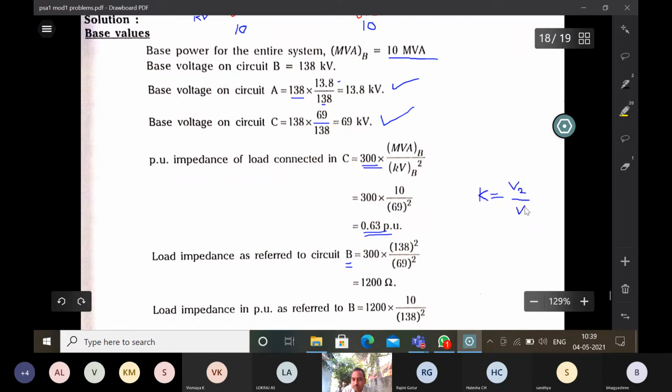The transformer voltage transformation ratio. Because we want to calculate X2 dash, which is equal to X2 by K square.